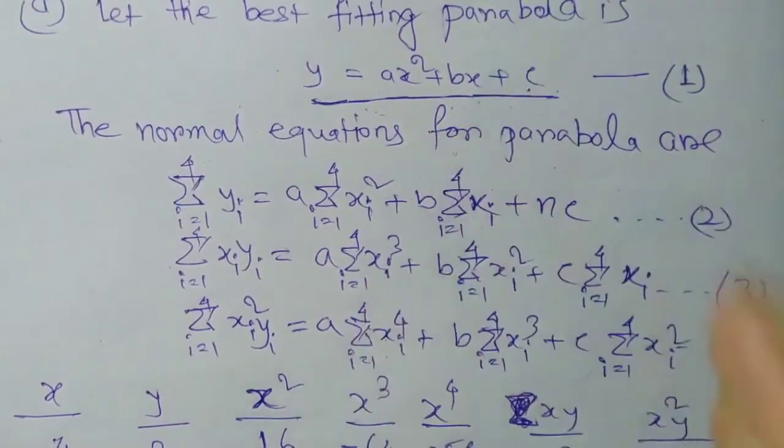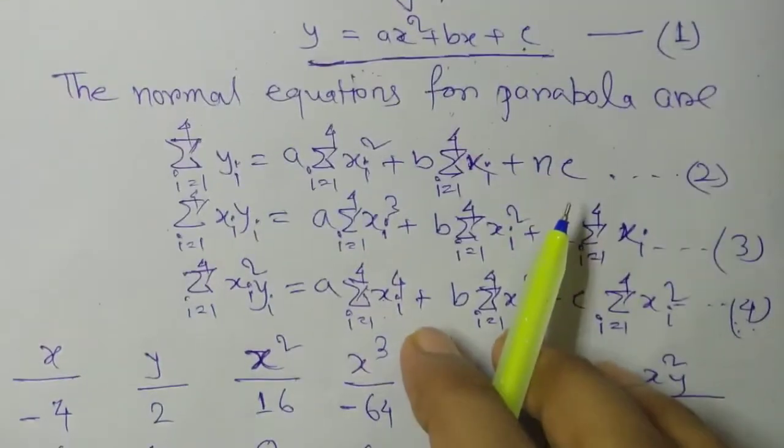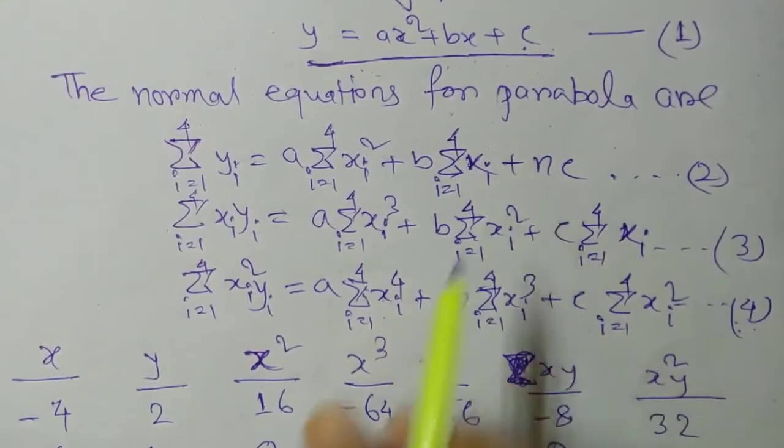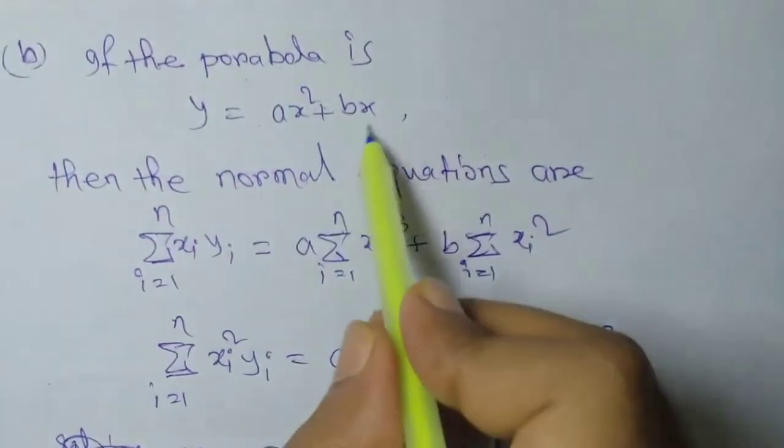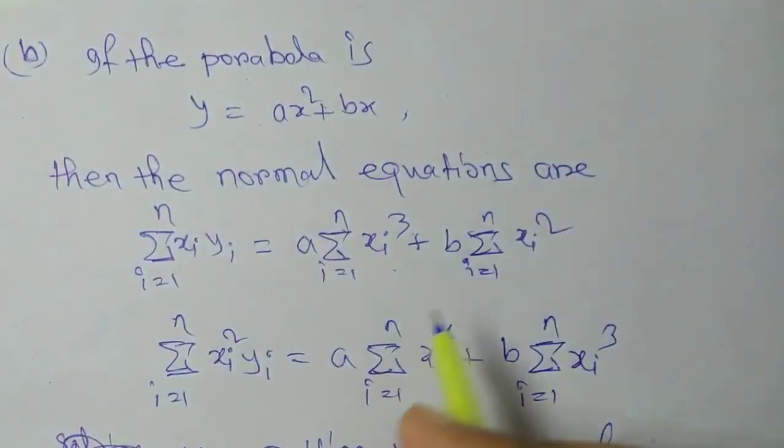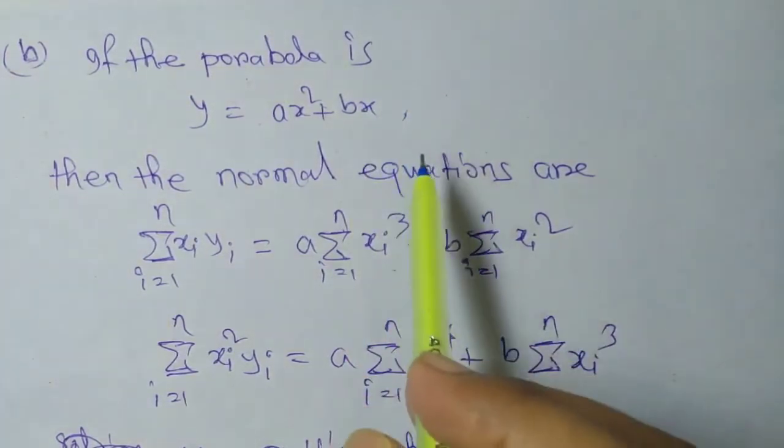But my next question is: if the parabola is of the form ax square plus bx, where c is equal to 0, then what will happen?